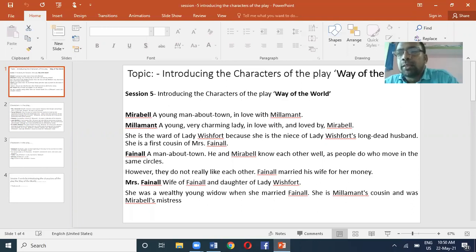In the last three sessions, we have been discussing restoration theatre, influence, and tradition of the restoration theatre. Particularly now we are going to study the play, The Way of the World.